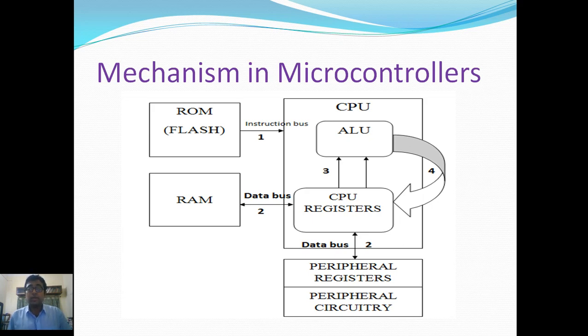All the requirements that occur are instructed or dictated by the ROM, by the instruction set that has been fed to the ALU through the ROM. According to the instruction set, the ALU fetches the data from the CPU register. The ALU doesn't fetch data directly from RAM, but fetches the data from the CPU register.